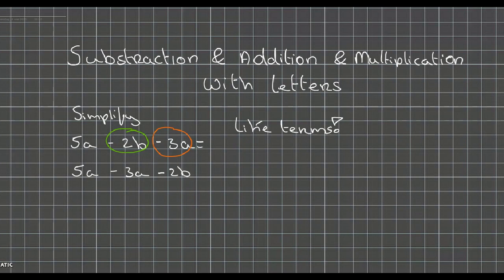Remember, the minus part belongs to the term. And I actually get 5 minus 3 is 2, so I have 2a left, and minus 2b. I can't simplify this any further because these are two different terms.